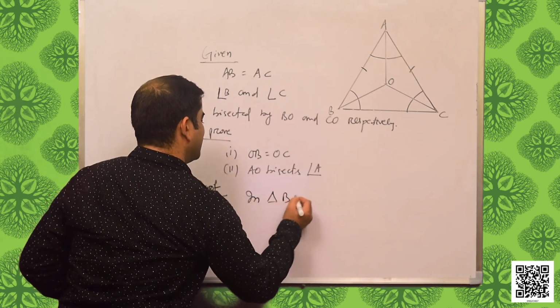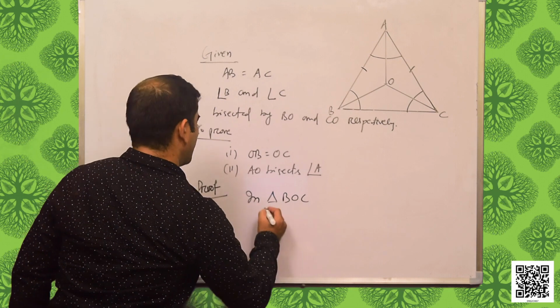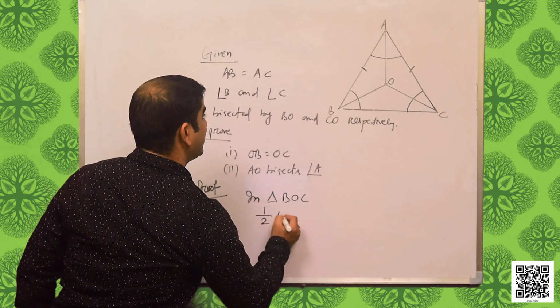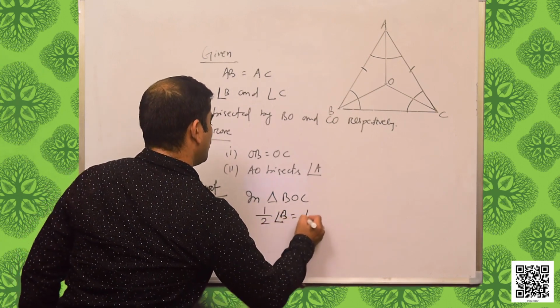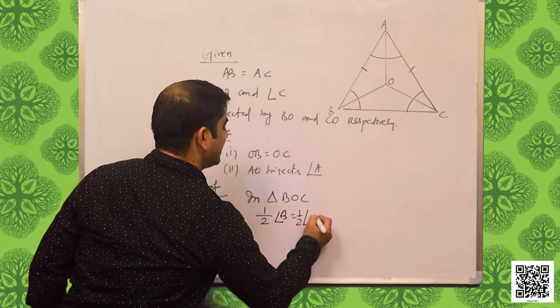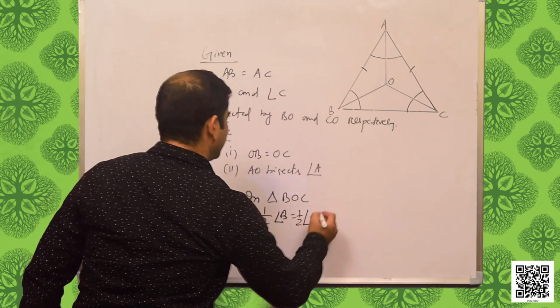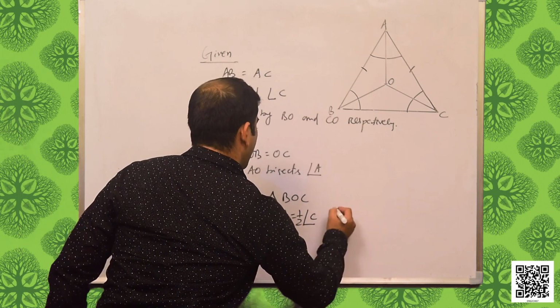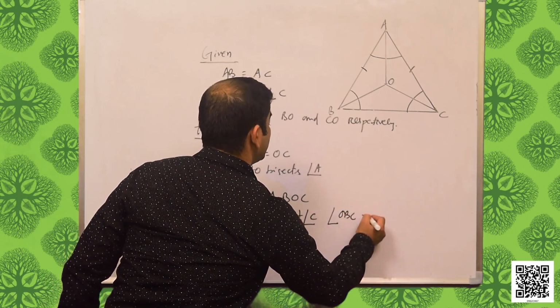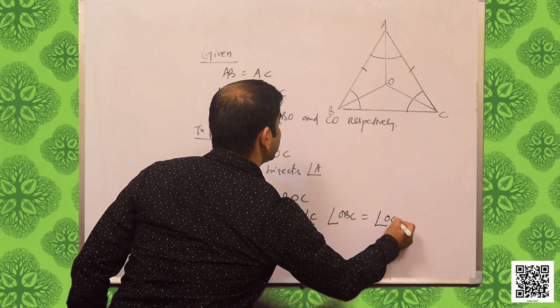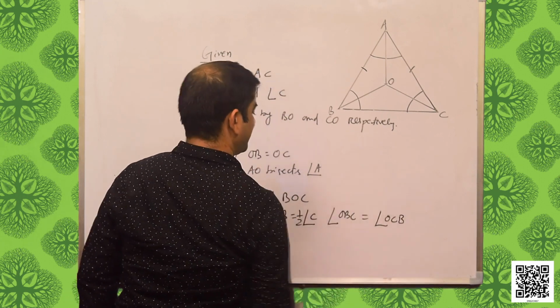In triangle BOC, half of angle B is equal to half of angle C, that is, angle OBC is equal to angle OCB.